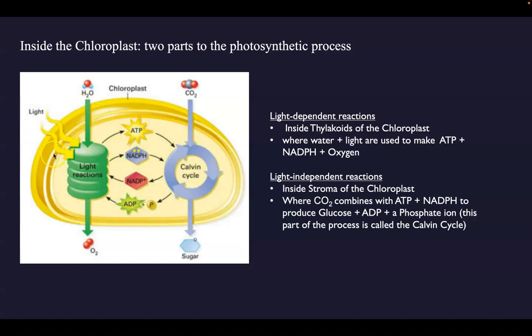A byproduct of our light-dependent reactions is oxygen. So like I said, the main goal of the plant cell is likely just sugar to have food. But as a result, it's going to be expressing oxygen because this H2O has been broken down.